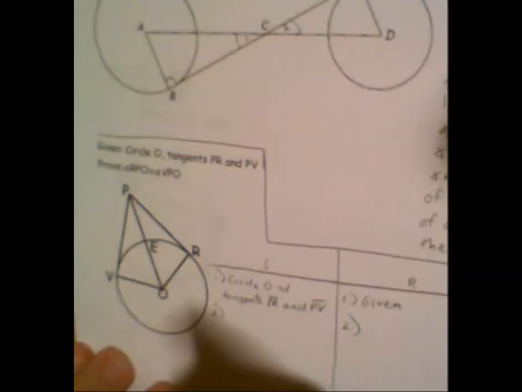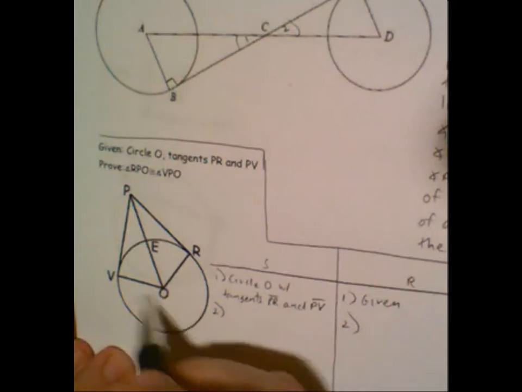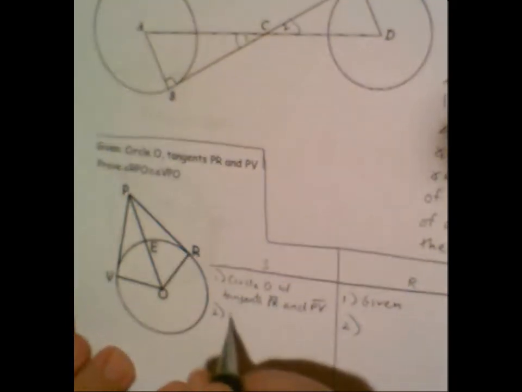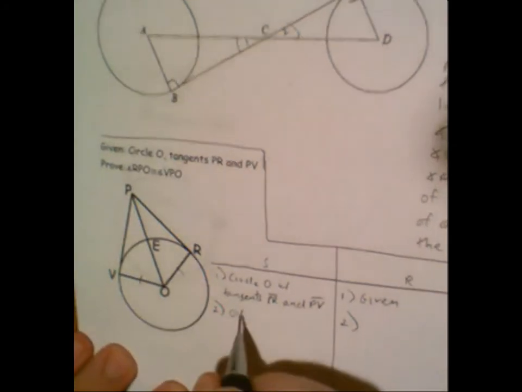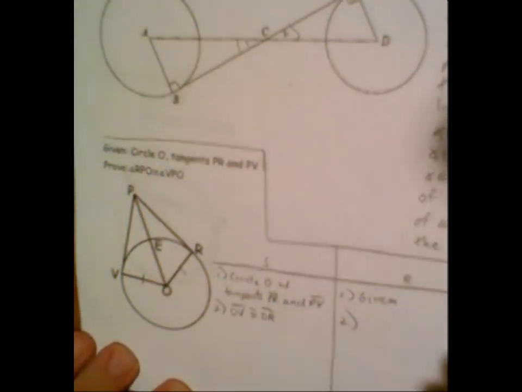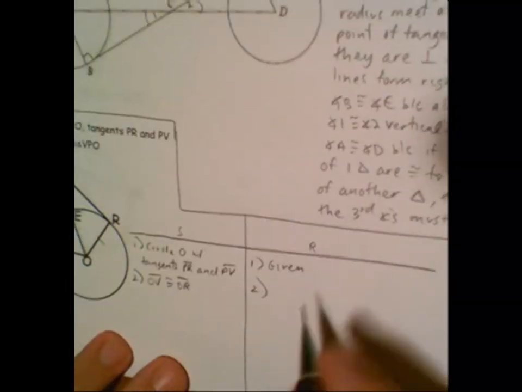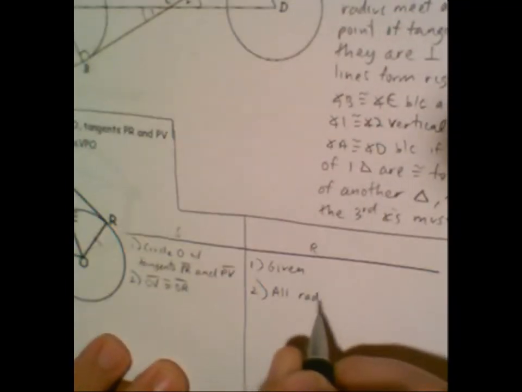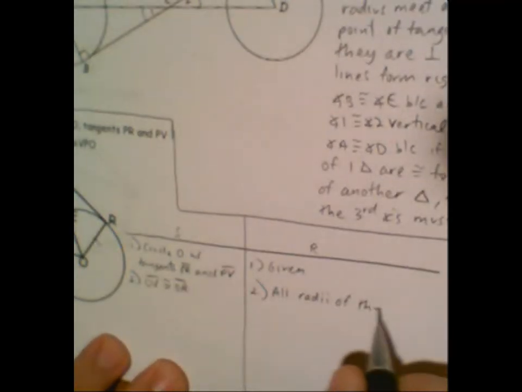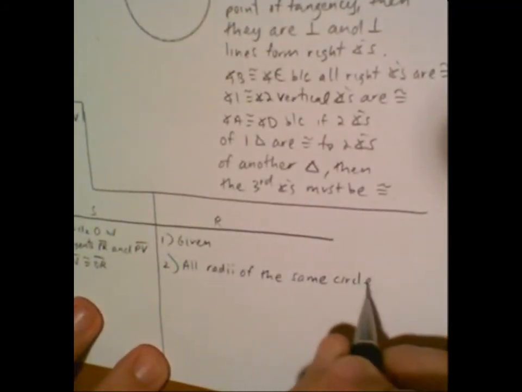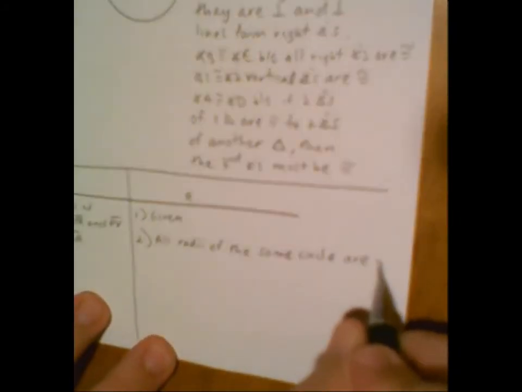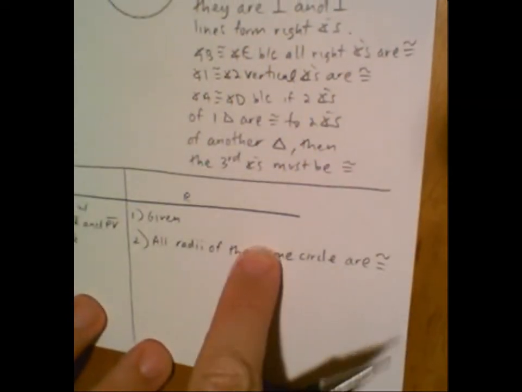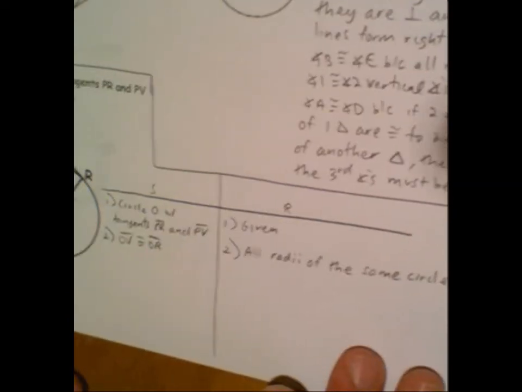Well, okay. We know that OV is congruent to OR because all radii of the same circle are congruent. Okay, that's why OV was congruent to OR. What else?